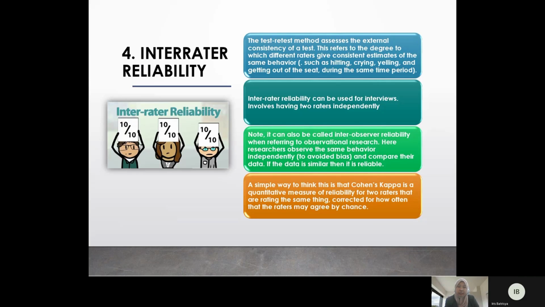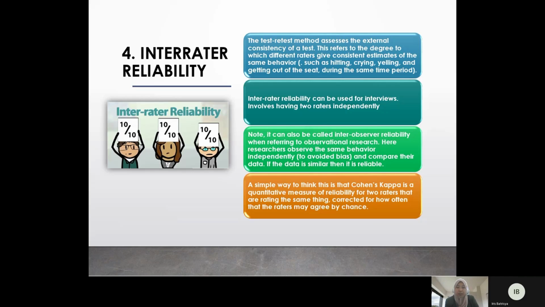Inter-rater reliability can be used for interviews involving having 2 raters independently. Note, it also can be called inter-observer reliability when referring to observational research. Here, researchers observe the same behavior independently to avoid bias and compare their data. If the data is similar, then it is reliable.